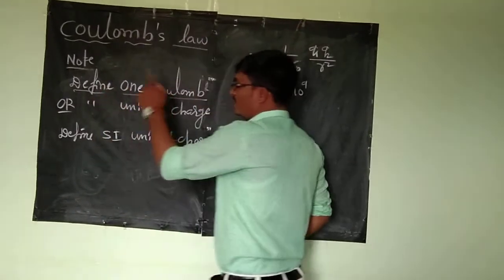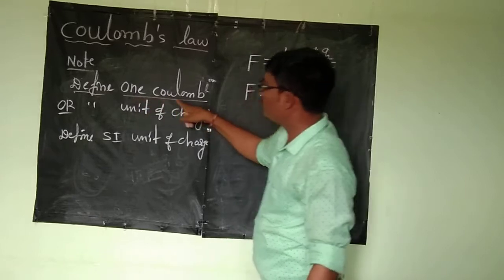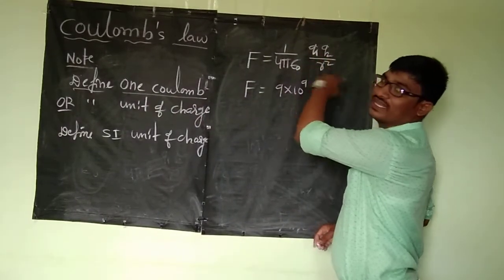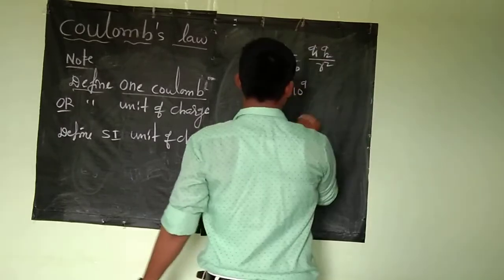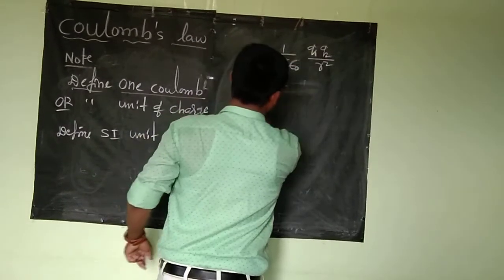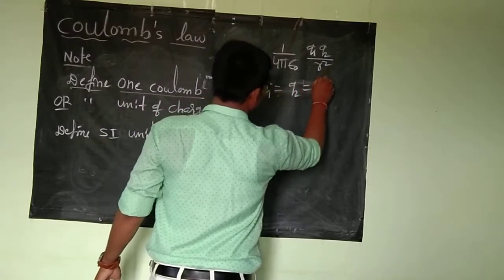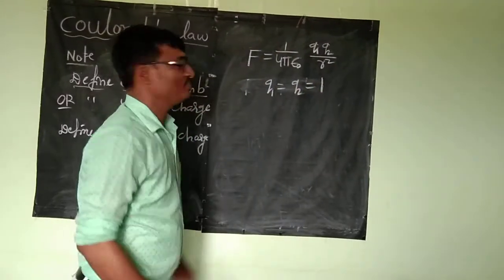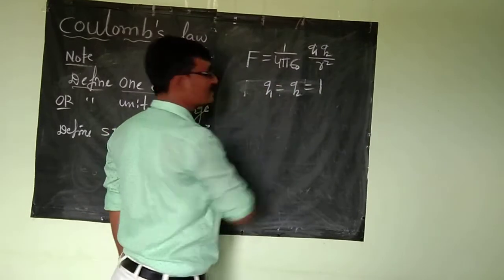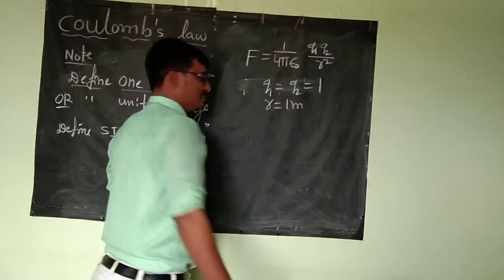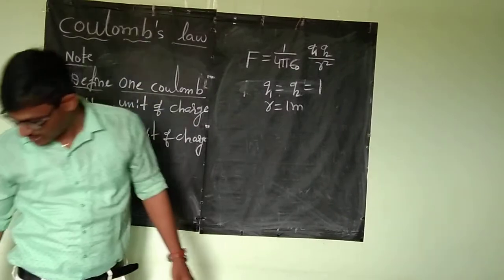For defining 1 coulomb of charge, we consider similar unit charges: Q1 is equal to Q2 is equal to 1 coulomb. These two charges are kept at a distance R is equal to 1 meter.